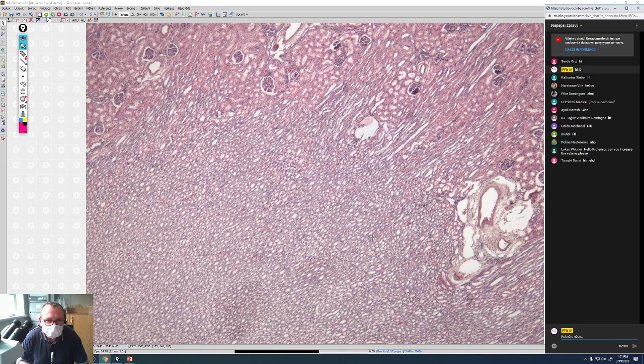On this first page you can see a slide of kidney. It is a kidney stained by hematoxylin and eosin. I hope that you will look at it alone as soon as possible, but now I'd like to ask Andrea to take it and to demonstrate it, because she was preparing for this.